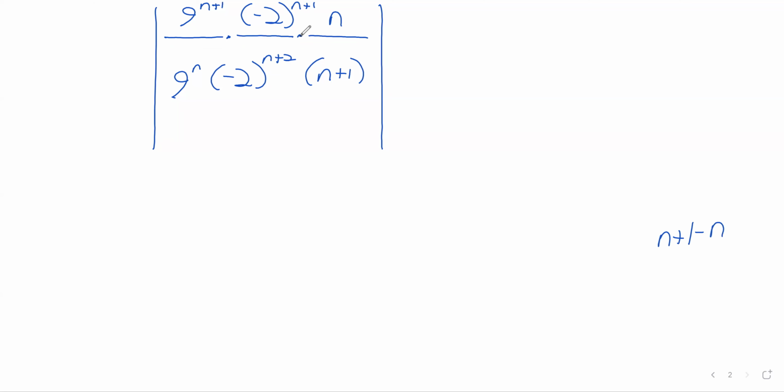When we've got the same base and we're dividing, we subtract the powers. So we're going to wind up with a 9 to the first. Let me not do anything with that n over n plus 1 for the moment. It doesn't simplify in the way other expressions do.